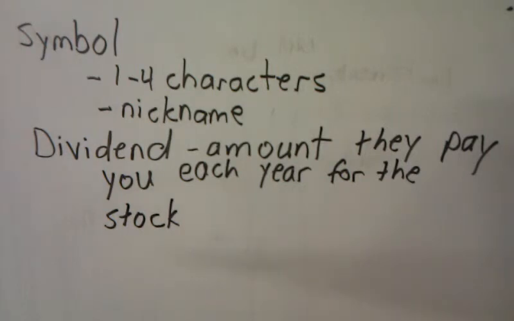Percent yield. This number is the result of dividing the dividend by the closing price. This tells you how much of the price of the stock you will be paid in dividends by the end of the year.